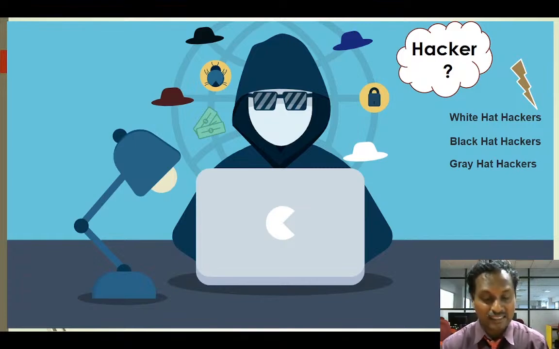They are not legally authorized hackers, but they work with both good and bad intentions. If they have a bad intention, they will be called black hat hackers, and if they have a good intention, they will be called white hat hackers. No need to discuss more about this. When it comes to the hacker, I categorize him as a black hat hacker.